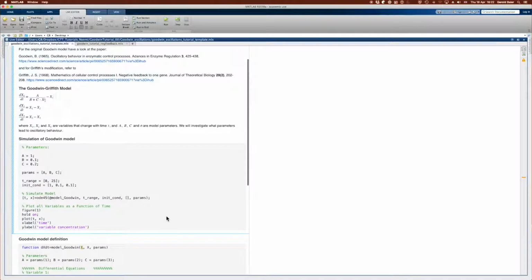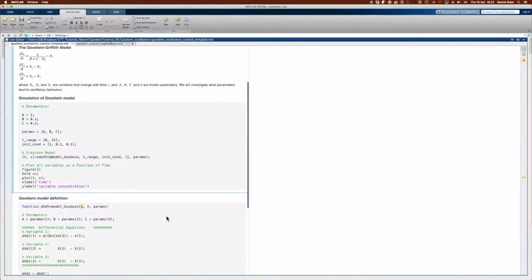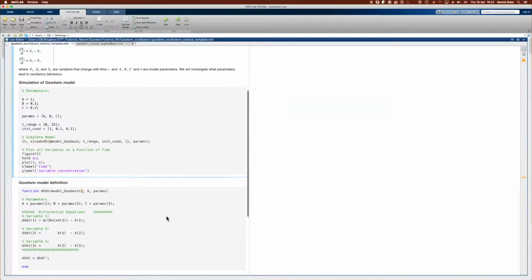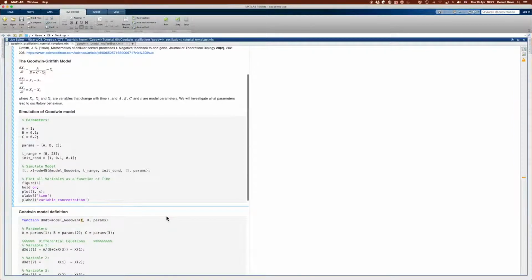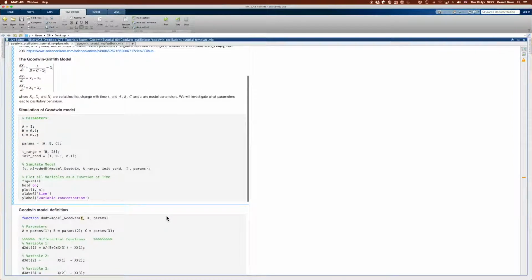So we've kept the model definition and the simulations from the last video. These are identical to what we wrote up then, and all we need to do now is implement that modification with the exponent n. So how do we do that?